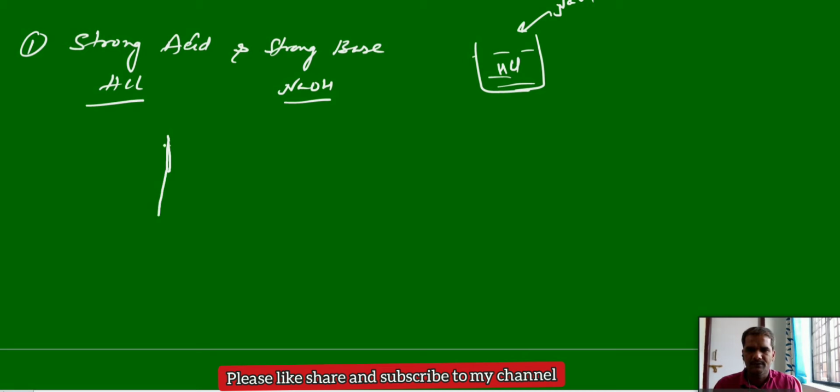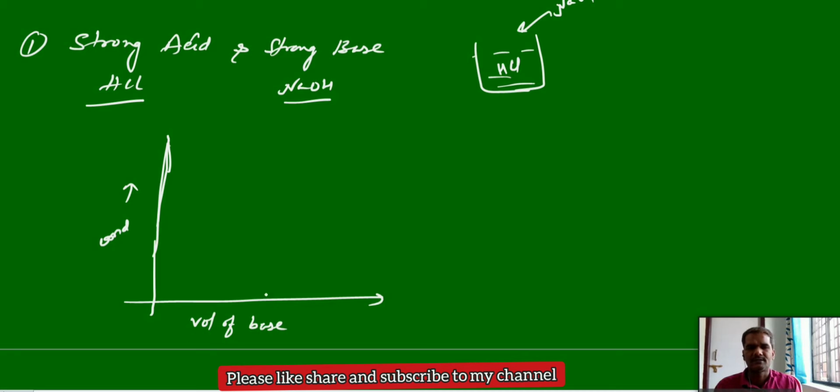We can take this with respect to a graph. Let me take a graph with the conductance values on the y-axis and the volume of base on the x-axis. We are adding NaOH drop by drop. Initially we have HCl, which means H plus and Cl minus ions.